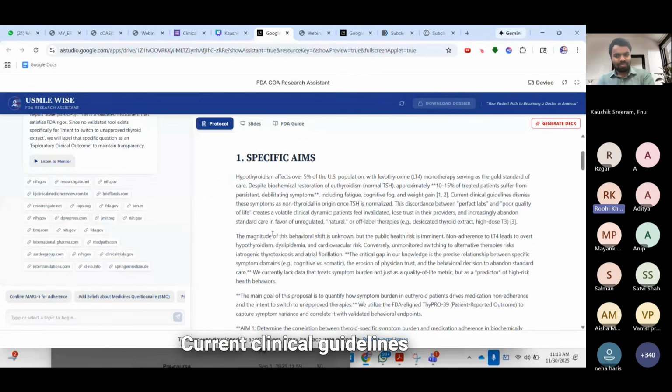Current clinical guidelines dismiss these symptoms as non-thyroidal in origin once TSH is normalized. This discordance between perfect labs and poor quality of life creates a volatile clinical dynamic. Patients feel invalidated, lose trust in their providers, and increasingly abandon standard care in favor of unregulated, quote unquote, natural or off label therapies. Example: desiccated thyroid extract, high dose T3, etc.